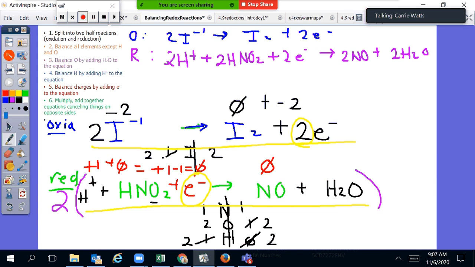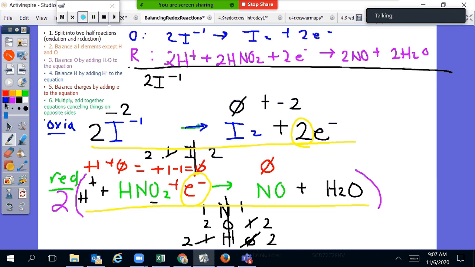Now the final thing is to add everything together. I'm doing the left side of the arrow first, and I have 2I negative 1. Then I'm going to do the left side of the arrow for the reduction: 2H plus 2HNO2 plus 2 electrons.